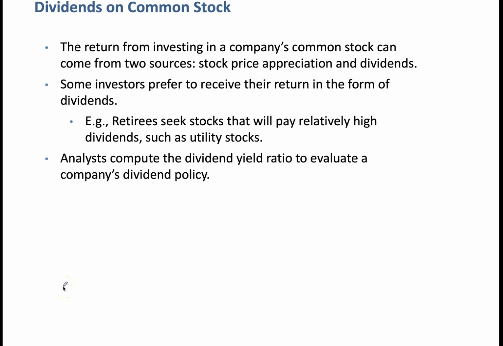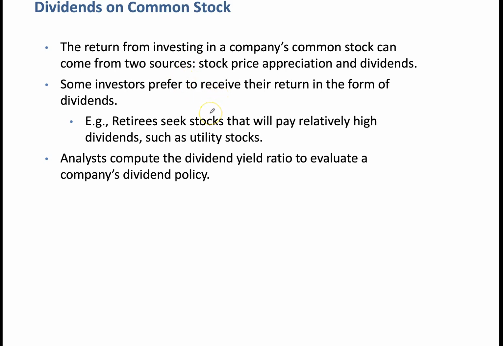All right, let's talk about dividends on the common stock. Dividends are basically returns from investing. You know that banks have returns in the form of interest. Shareholders have the form of return in dividends. Some investors prefer to receive returns in the form of dividends.